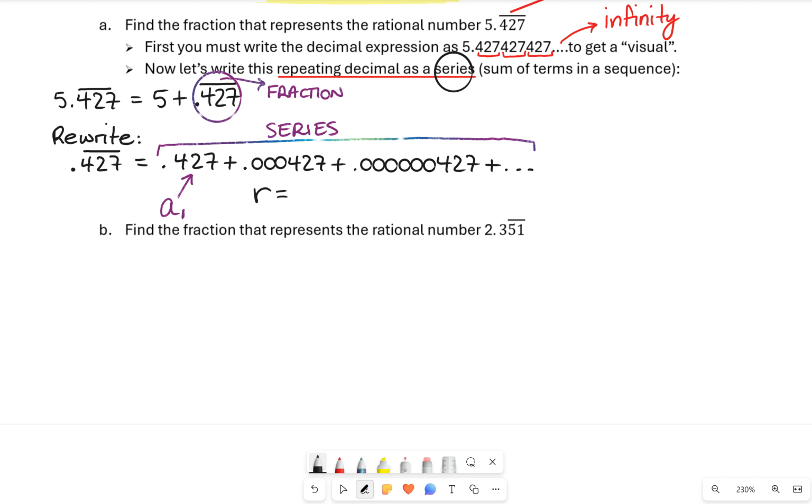R is the same thing as the latter term divided by the previous term. So I'm going to pick one of my terms and divide it by the previous term. Well, the number in front of 0.00427 is 0.427. And when I divide those two, the R ends up being 0.001. And here's the good news.